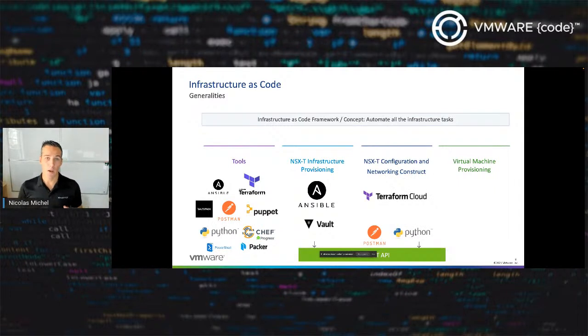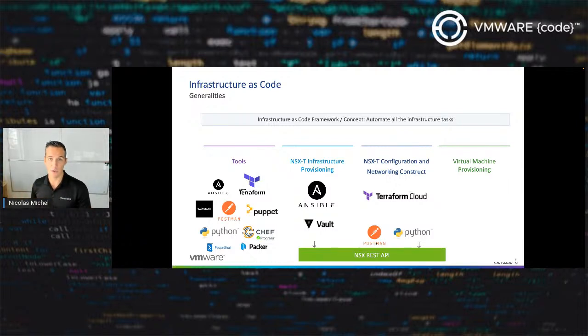Then we are going to use Terraform and native REST API in order to deploy all your networking constructs, right? If you want to deploy your BGP topology, etc., in my opinion, Terraform is the best tool for that.